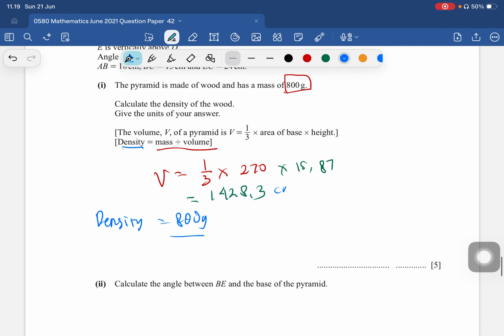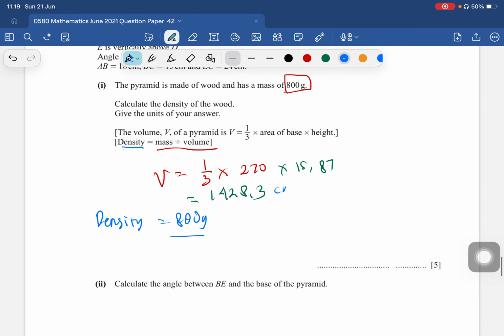So we get 0.56, yeah, 560. This is gram per centimeter cube, centimeters cube as the volume.